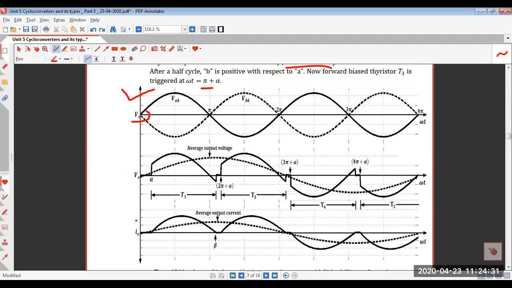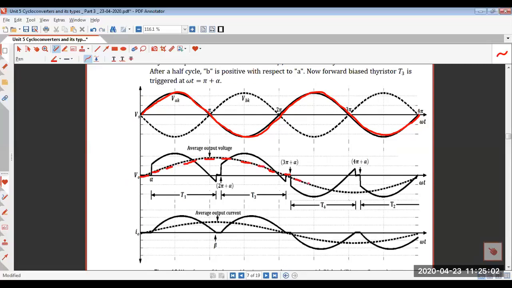You can see that the supply voltage is pure sinusoidal, right? This is one complete cycle of input voltage, and then this one is the second cycle. The output that we are getting here, the load voltage, is shown with dashed lines. So this is the output voltage.